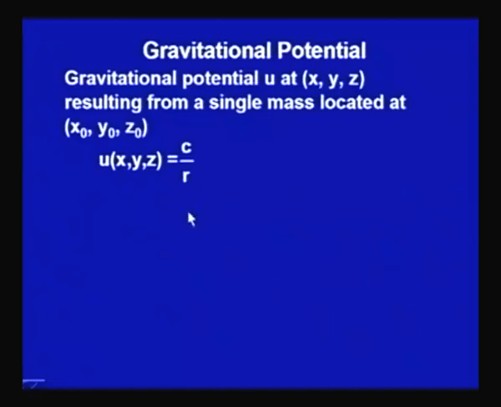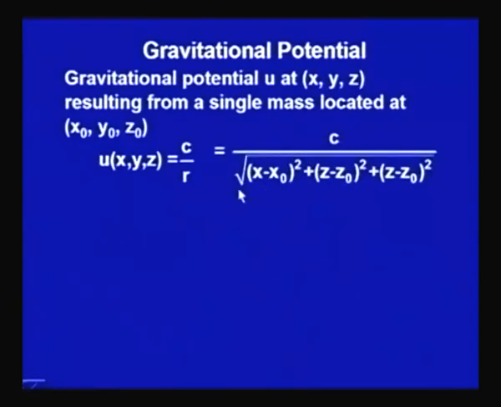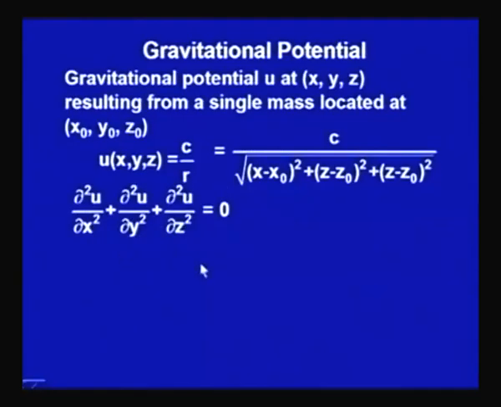So we can write the distance as c upon square root of x minus x naught squared plus y minus y naught squared plus z minus z naught squared. If we apply del 2 u over del x 2 plus del 2 u over del y 2 plus del 2 u over del z 2, we find that the Laplacian of this is 0, that is, it satisfies the Laplace equation.